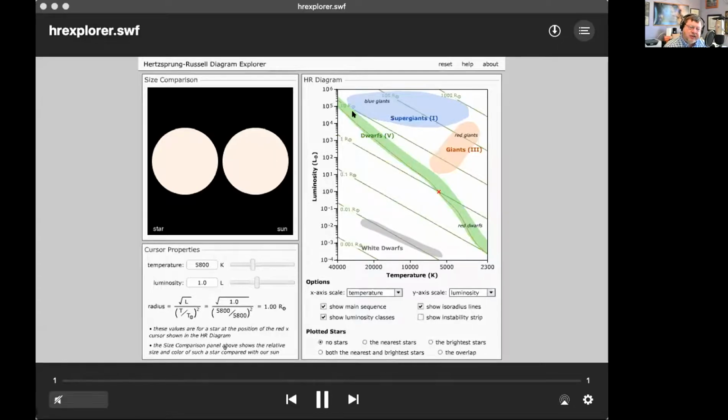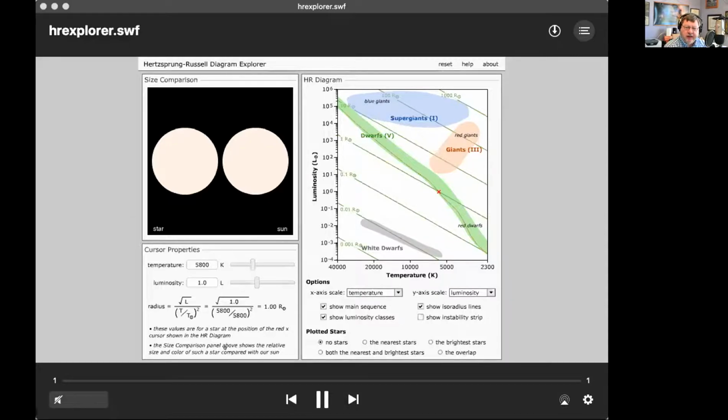So this looks linear, but it's linear on a logarithmic scale. And so it just turns out that the radius increases in proportion to the mass as the mass goes up the main sequence. And the luminosity on the main sequence goes up as mass to the 3.5 power because this luminosity is a logarithmic scale.